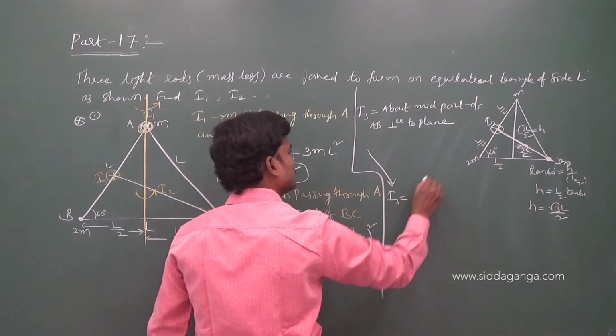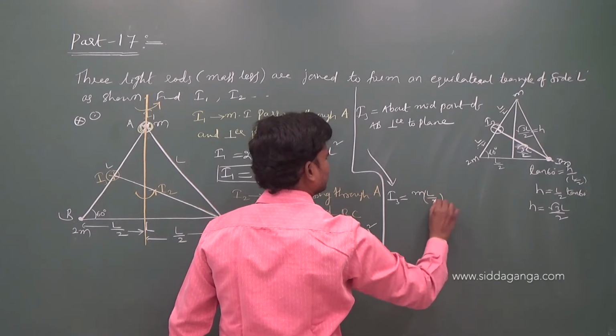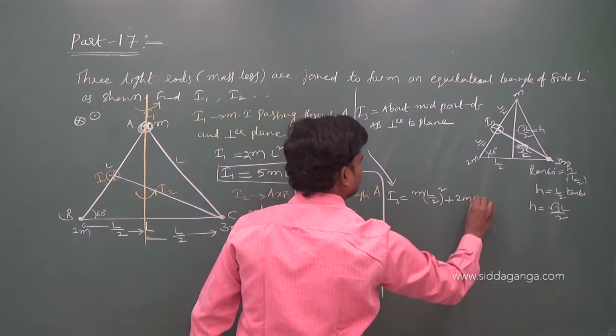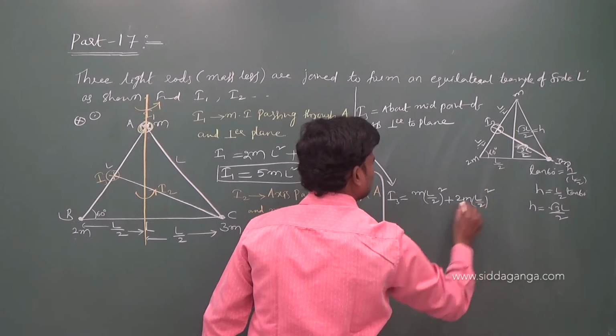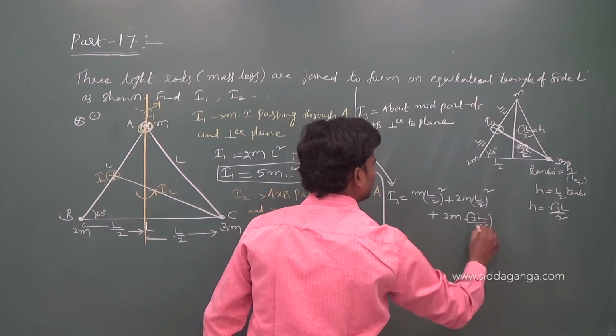What is I3? First particle is at a distance of L by 2, squared. Second particle, 2m mass, is at a distance of L by 2. Third mass is at a distance of root 3 L by 2, squared.